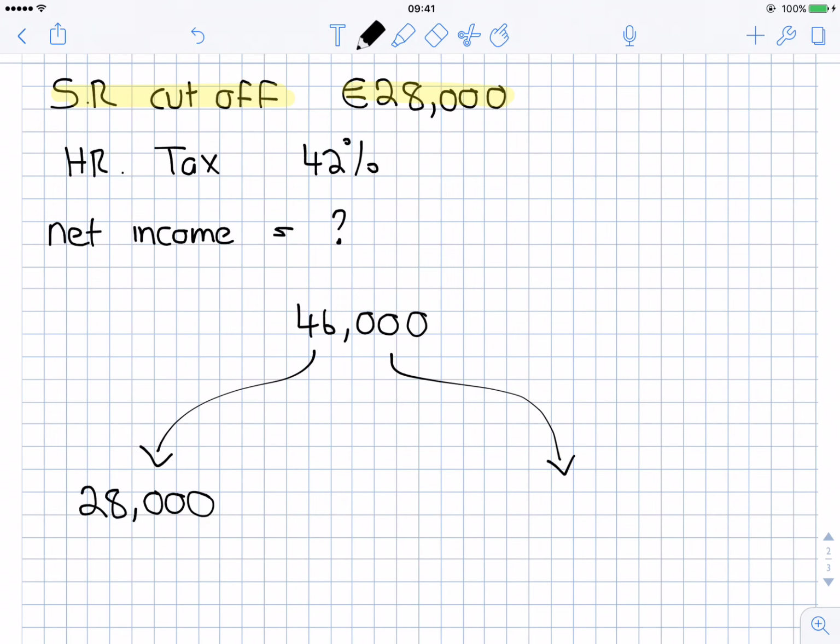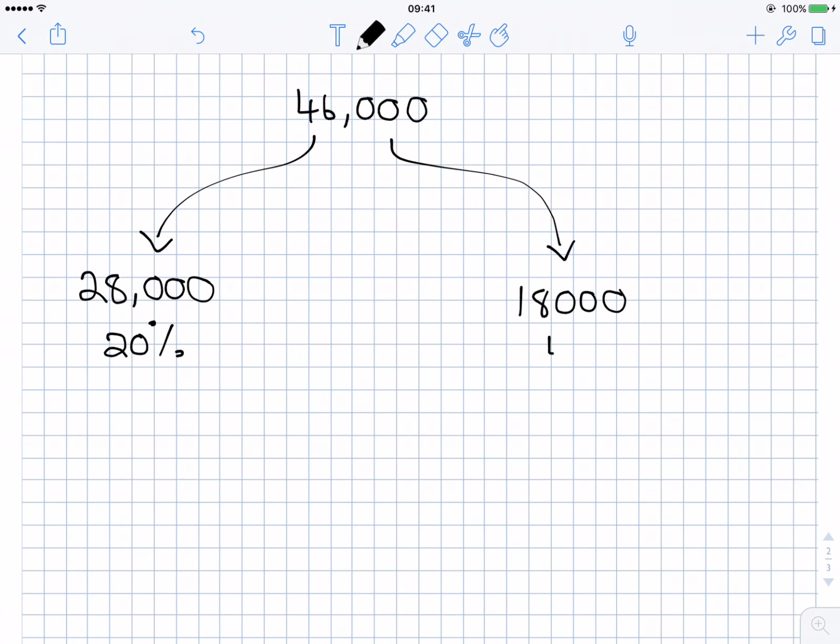So how much of her money will she pay the higher rate of tax on? Well, that's everything else. So 46,000 minus 28,000, so €18,000. So she's going to pay the lower rate of tax, 20% on 28,000, and she's going to pay the higher rate of tax, 42% on €18,000.